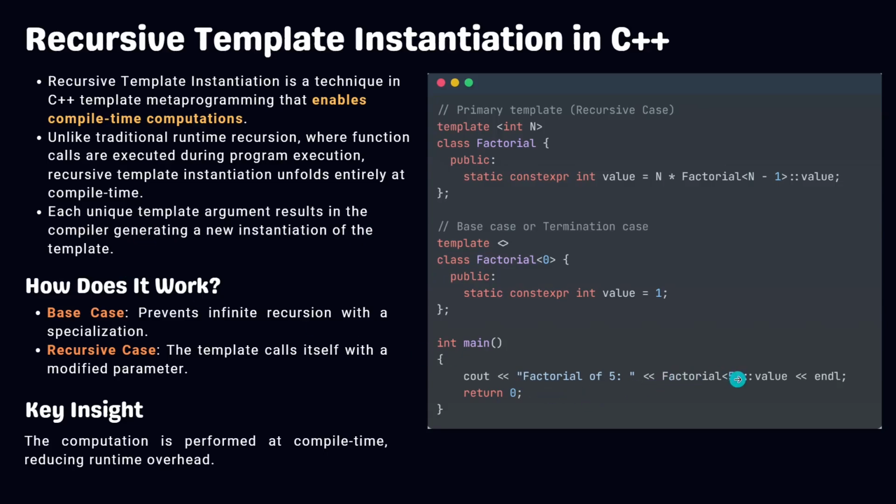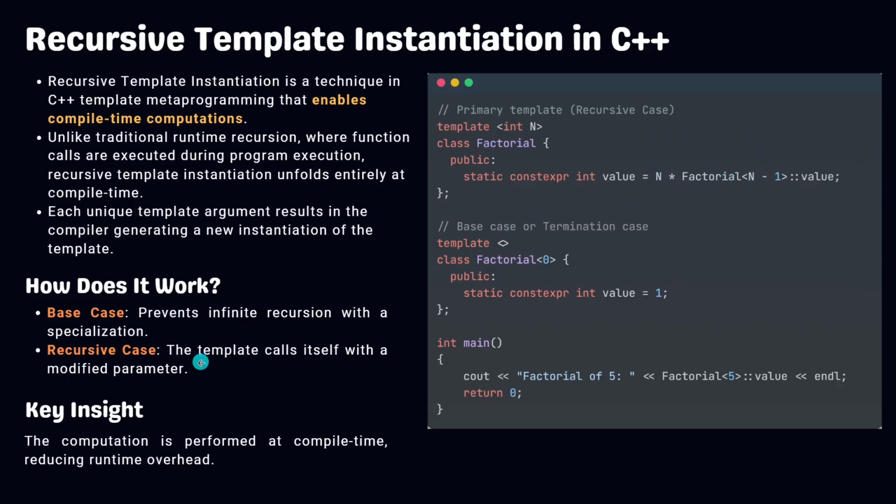Consider I am passing factorial 5. It comes here, factorial 5, then 5 minus 1 is 4. When I pass 4 here, the compiler creates an instance. When I pass 3, the compiler also creates an instance. Each time we have a new value, the compiler creates an instance.